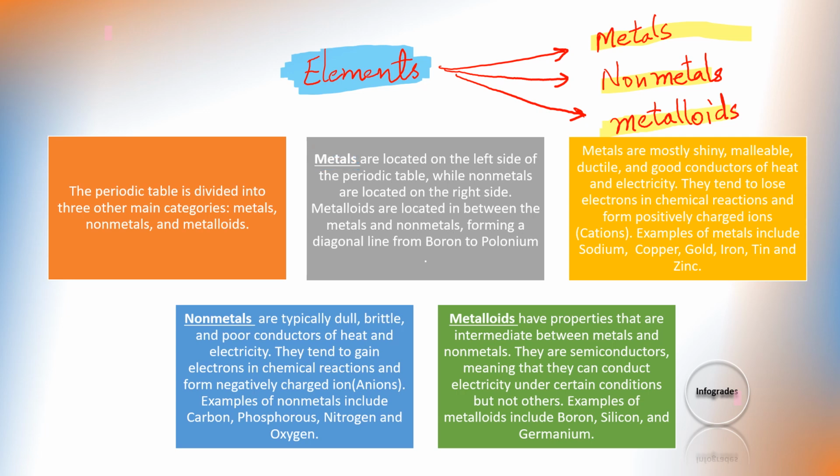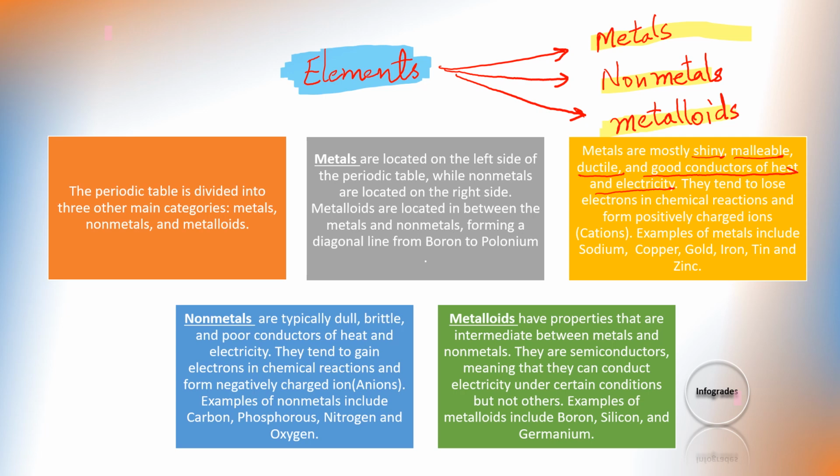Metals are shiny, malleable, ductile, and good conductors of electricity and heat. So nothing surprising. Of course, metals are used in electrical appliances. Metals are used to cook. Of course, they are good conductors of heat. That's why we use them to cook.